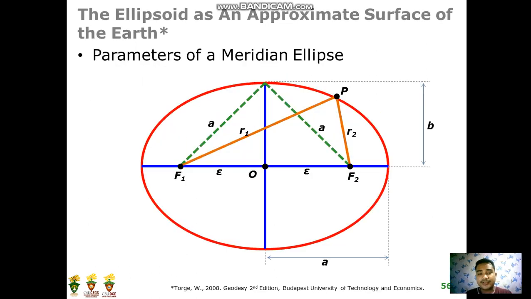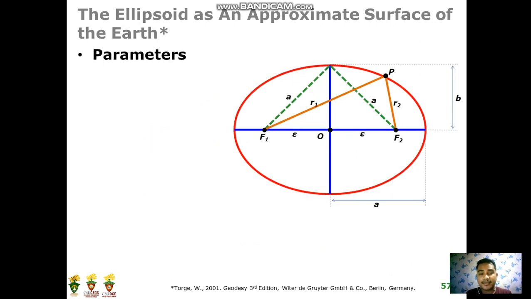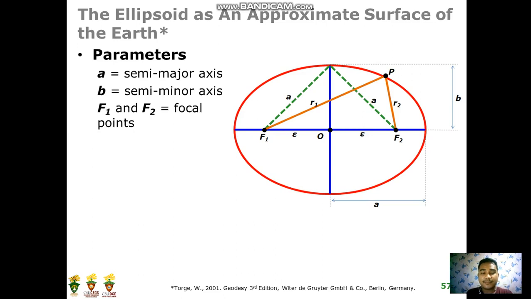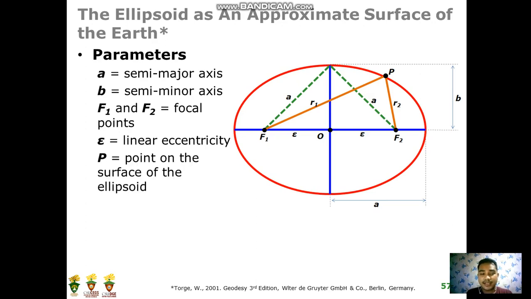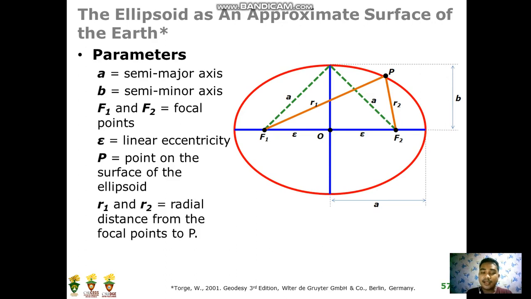So here is the illustration of the parameters of the meridian ellipse, starting with small letter a, which is denoted as semi-major axis, b as the semi-minor axis, F1 and F2 are the focal points, e as the linear eccentricity, and P is the point on the surface of the ellipsoid. And R1 and R2 are the radial distances from the focal points to P.